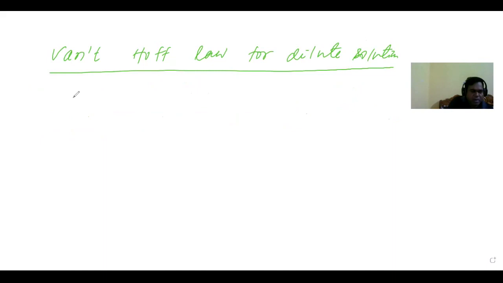Then the van't Hoff law for dilute solutions. Boyle-van't Hoff law.